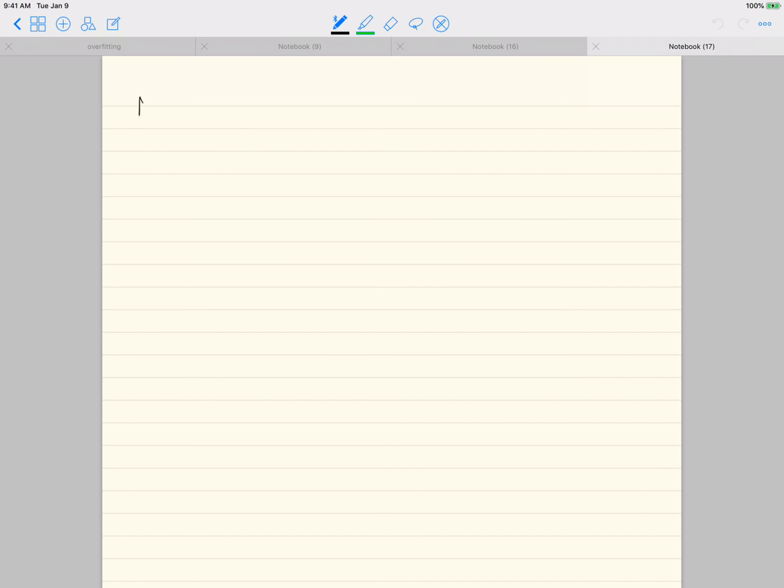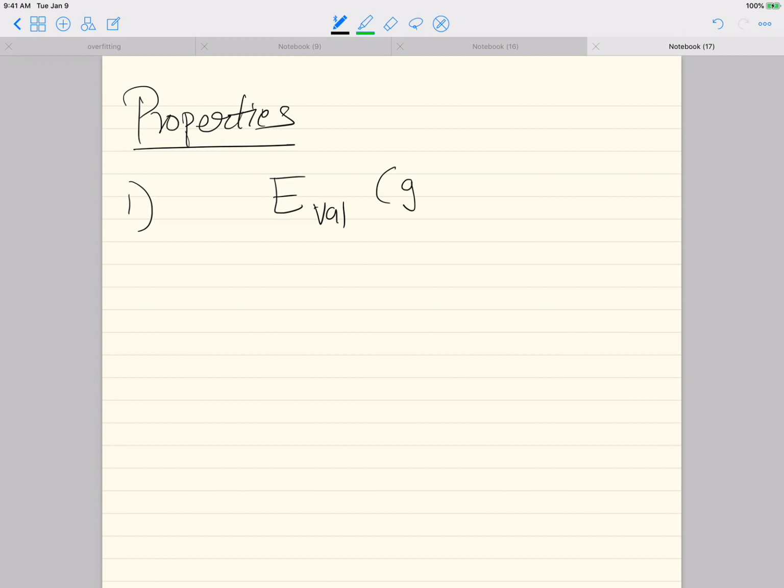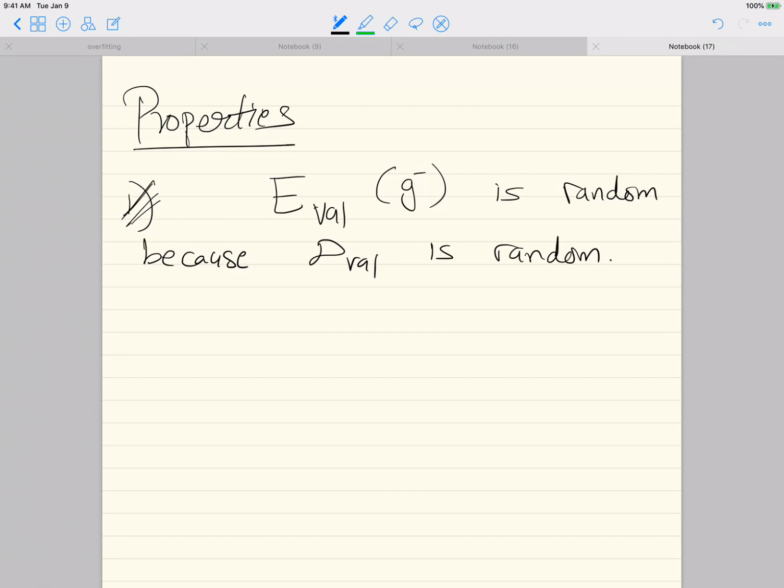So, properties. The first one is that if you take Eval of G minus, this is a random quantity. So let me first write: is random, because Dval is random, right?